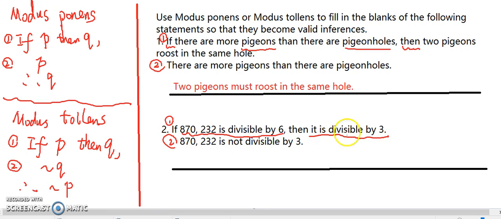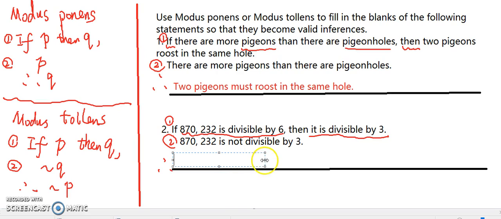So if it's a negation of the conclusion, then I should put therefore here, therefore will be the negation of the hypothesis. So we negate the hypothesis: 870,222 is not divisible by 6.